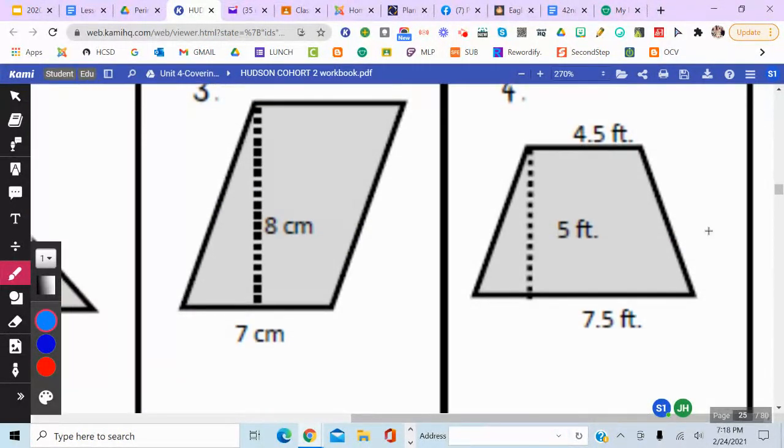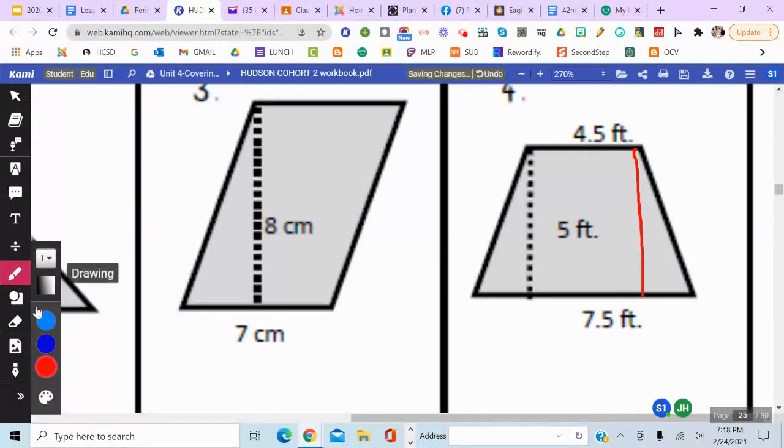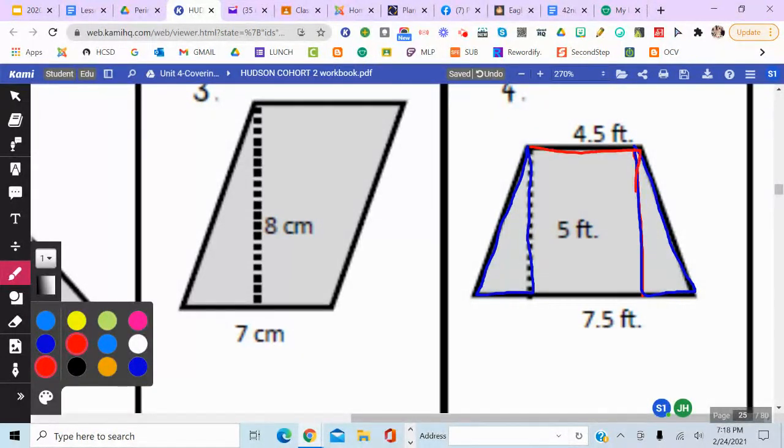All right, so I've got my trapezoid here. So the first thing I'm going to do is draw this other triangle. So I have a shape right here. So my triangle here, and then I have my triangle here, and then I have my rectangle in the middle.